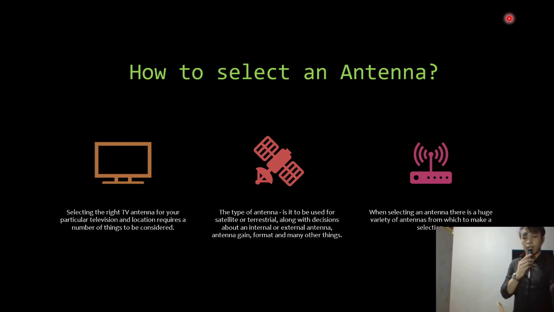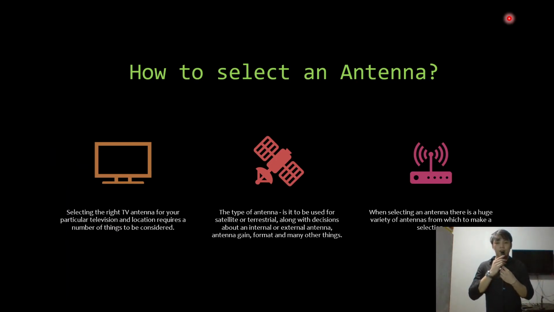So how to select an antenna? Selecting the right television antenna for your particular television and location requires a number of things to be considered. The next one is the type of antenna.